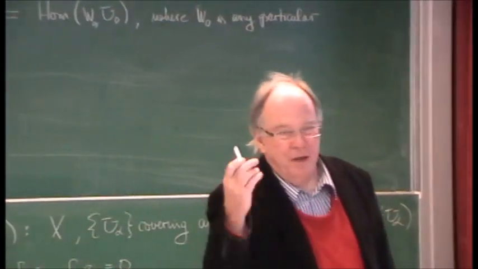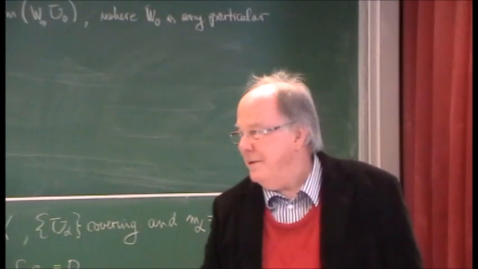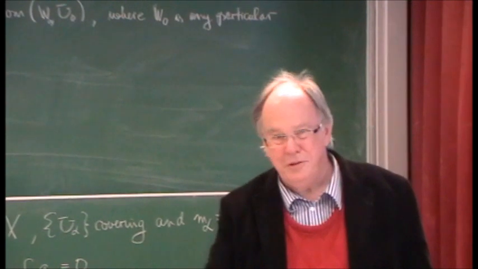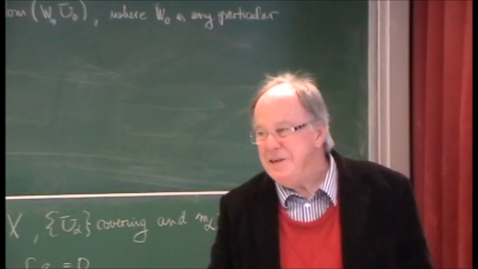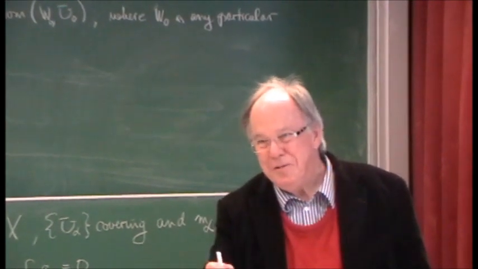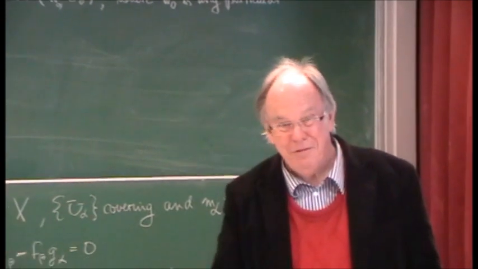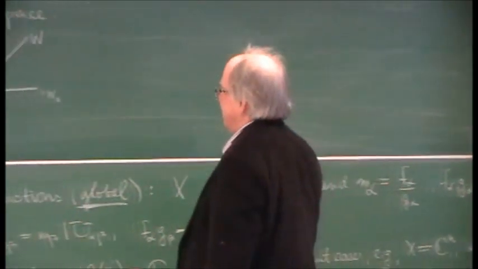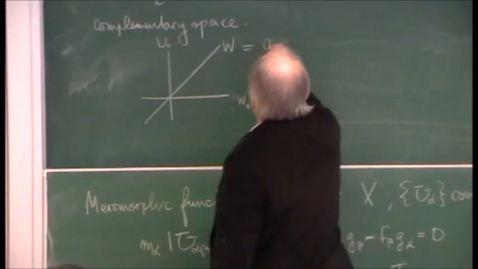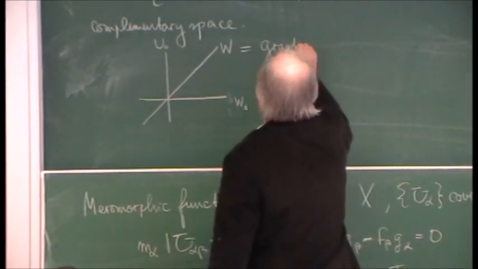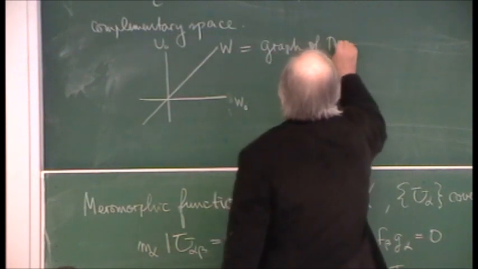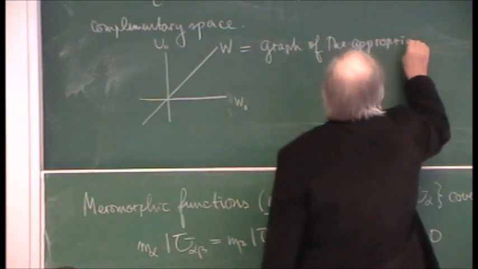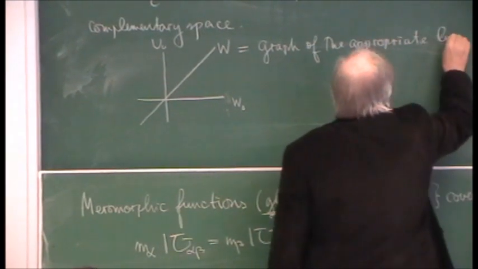If you have W someplace in there, it's the graph of a linear mapping from W0 to U0, right? The condition that it does not intersect U0 is the condition that it really is a graph of a linear map.